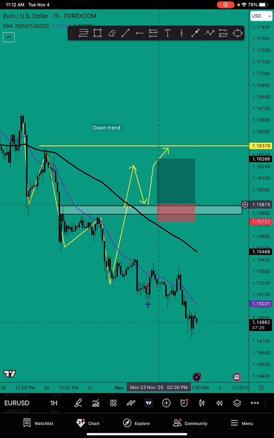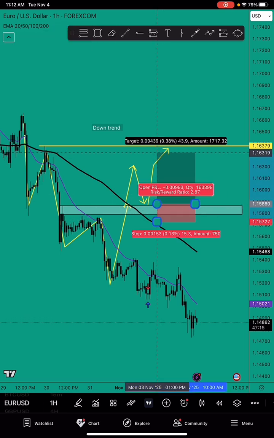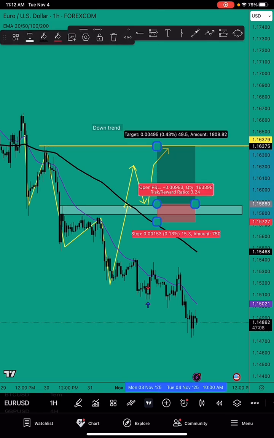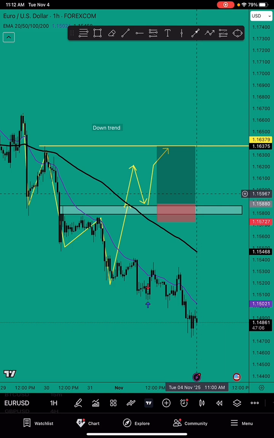So what would we do? We would enter our trade here, put our stop loss where price should not go again. Put our take profit where price has been and where we believe it is going to go again. So this is a good 1 to 3, as we can see here. Our risk reward would be 1 to 3.